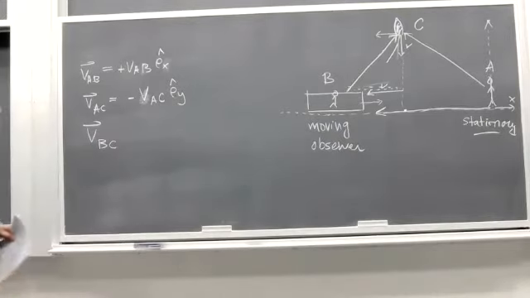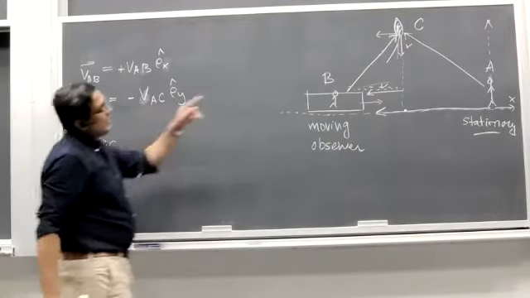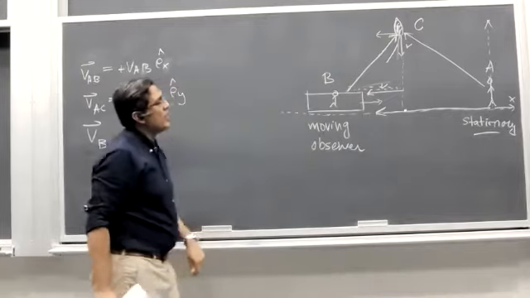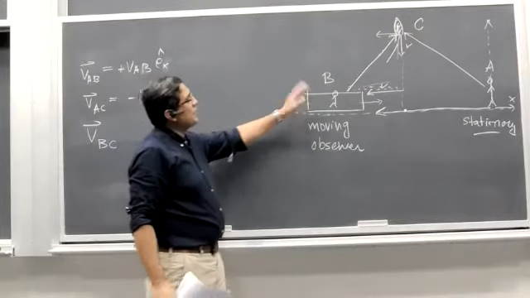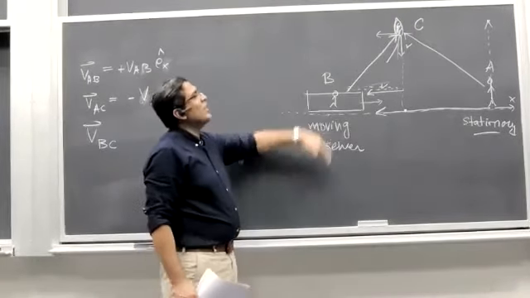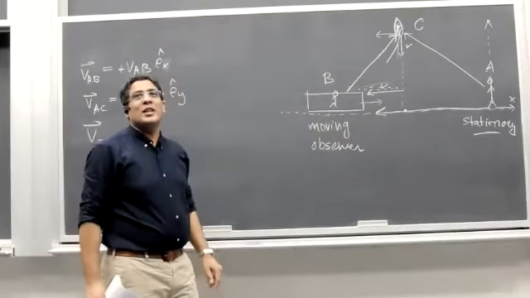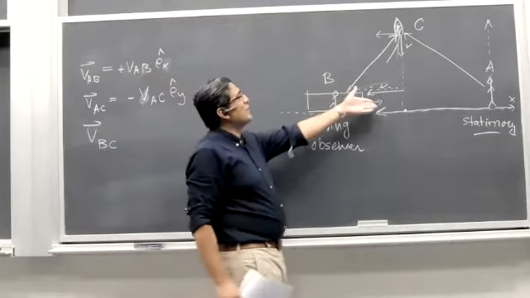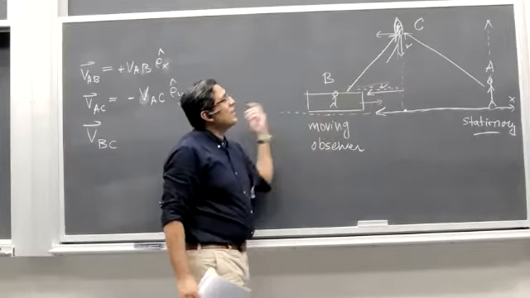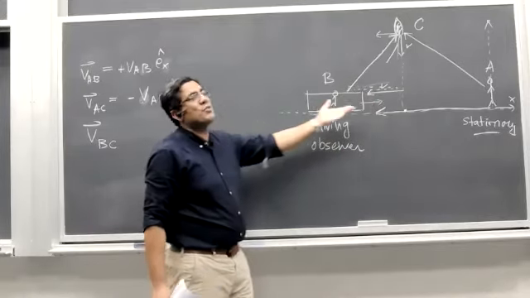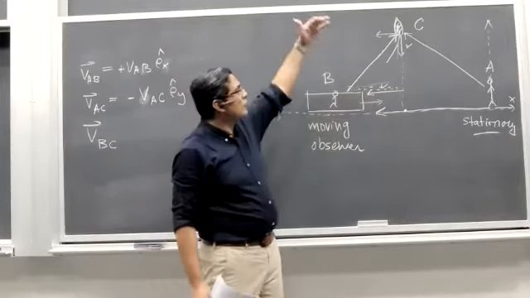And now we need to write the velocity vector of C as observed by B. So the velocity vector of C as observed by B would have two components. Because we are moving closer to the C, you can translate it as if C is moving closer to us and C is also moving down.